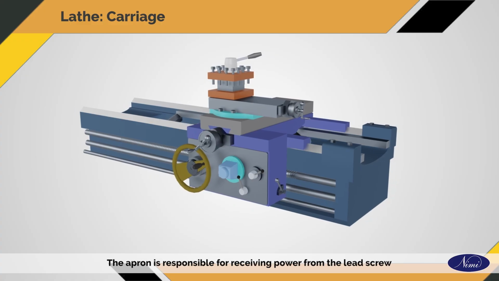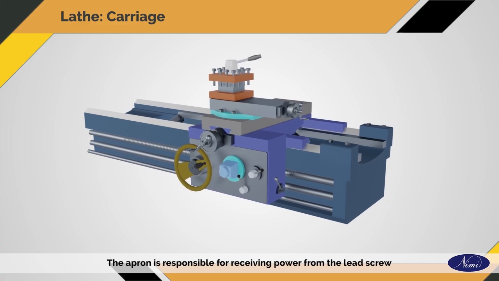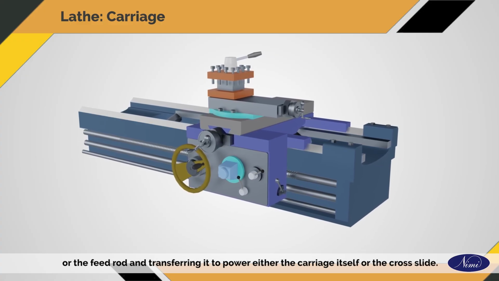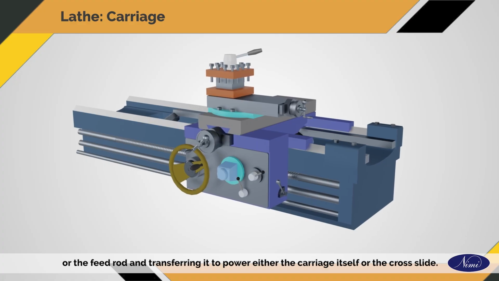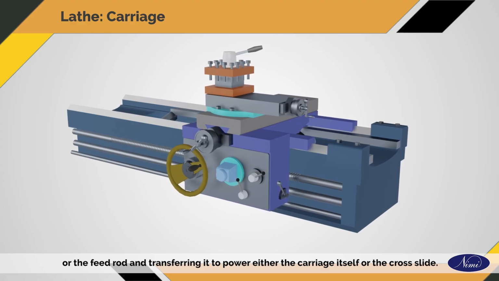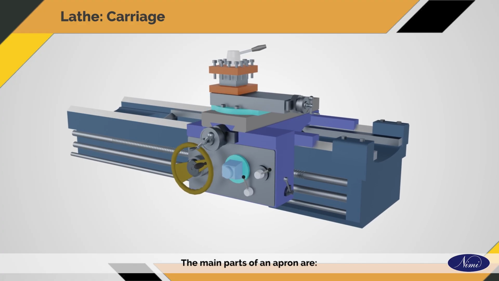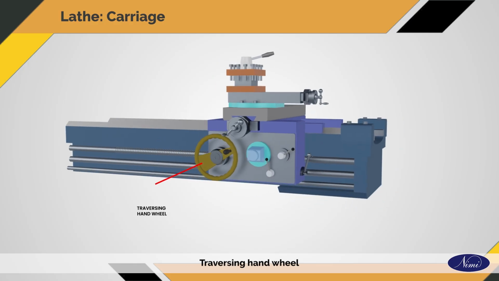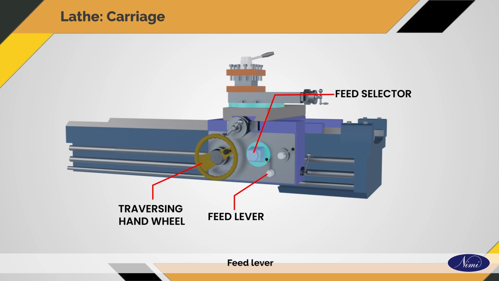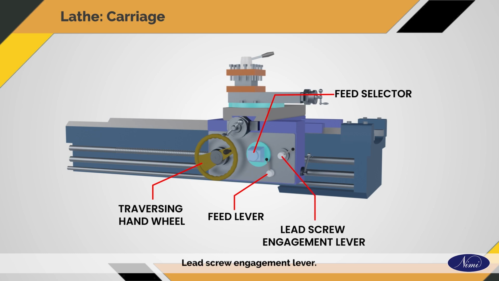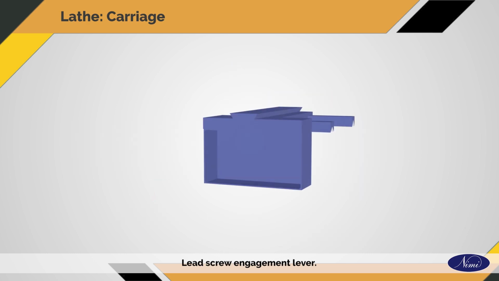The apron is responsible for receiving power from the lead screw or the feed rod and transferring it to power either the carriage itself or the cross slide. The main parts of an apron are traversing hand wheel, feed lever, feed selector, lead screw engagement lever.